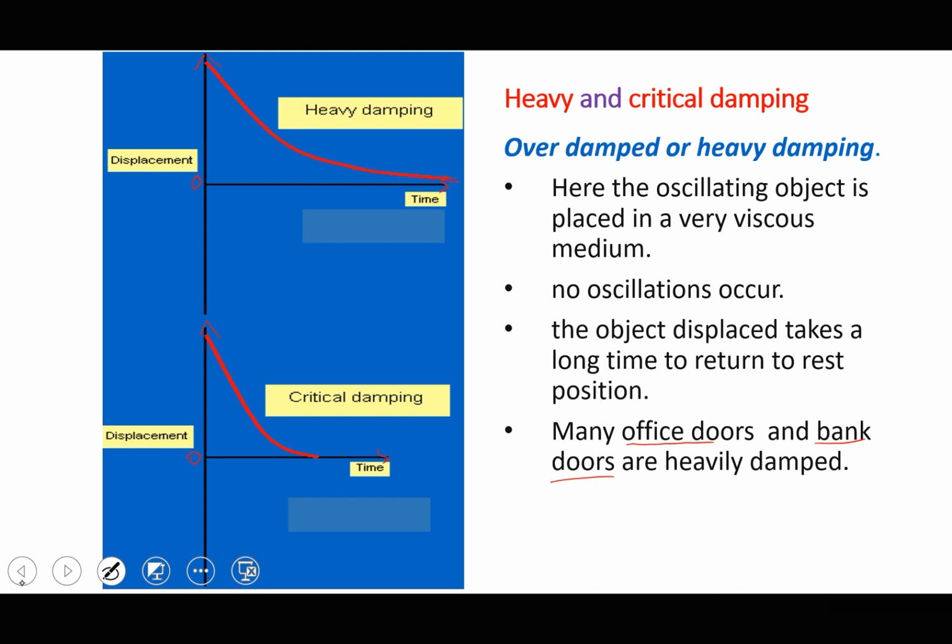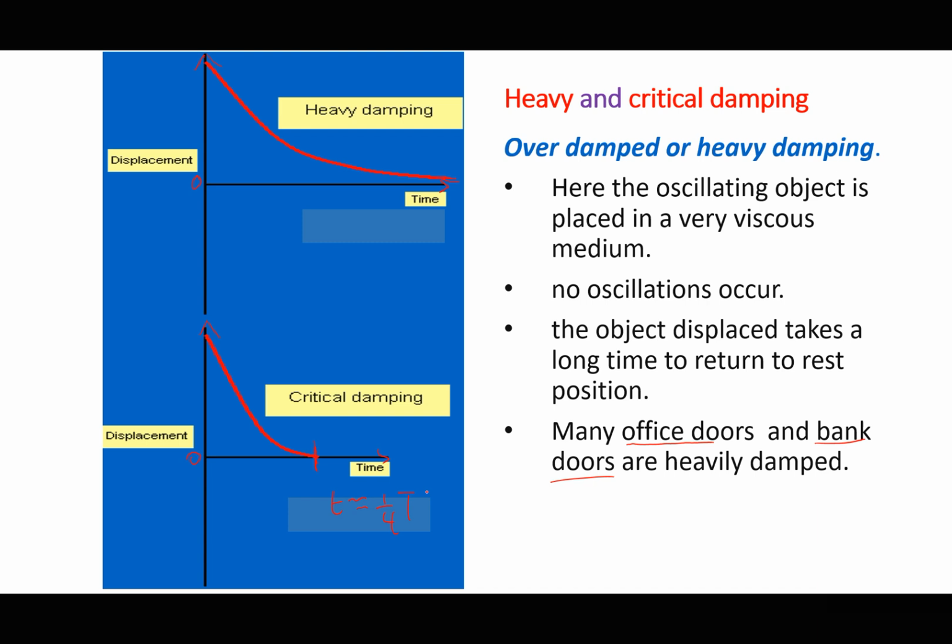But for critically damped motion, the time taken for the displacement to become zero is very small, is minimal. The system reaches equilibrium position as fast as possible without oscillating. Experiments have shown that the time taken for a critically damped system to return to equilibrium position is approximately a quarter of the cycle that it would take if there was an oscillation.